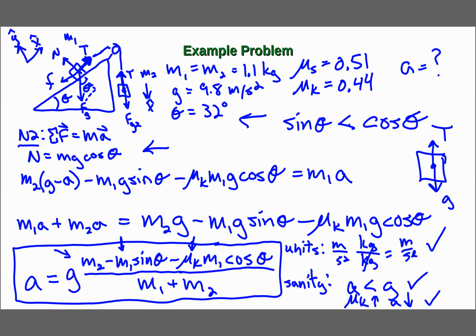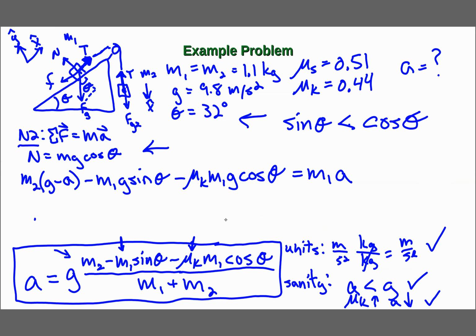So our units look good. Our sanity looks good. So if the blocks do move, what kind of an acceleration are we going to have? What magnitude are we going to have here? So if we plug in the numbers, we find that A is going to equal 0.48 meters per second squared.